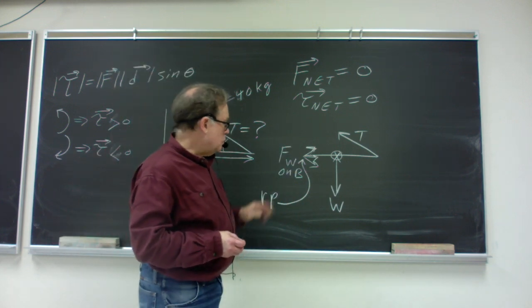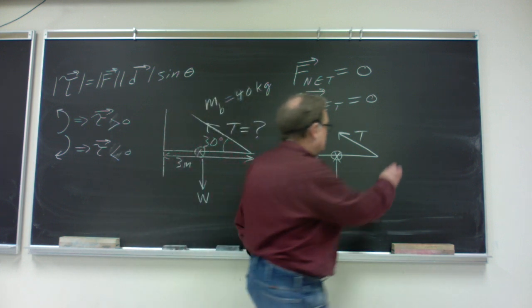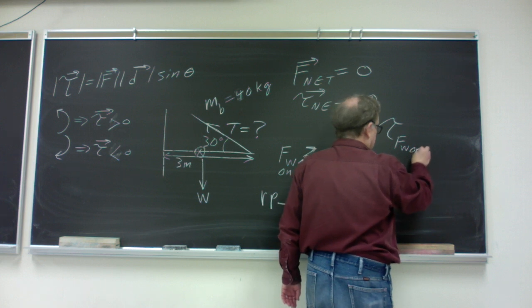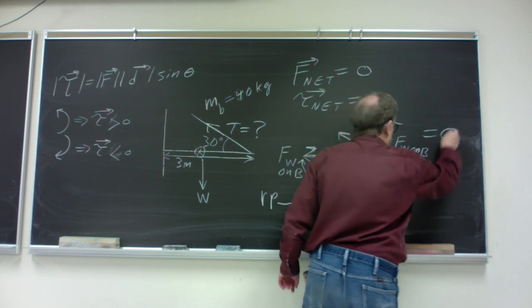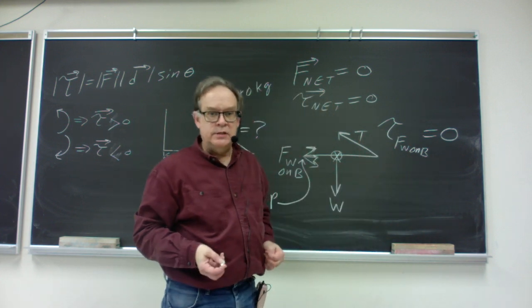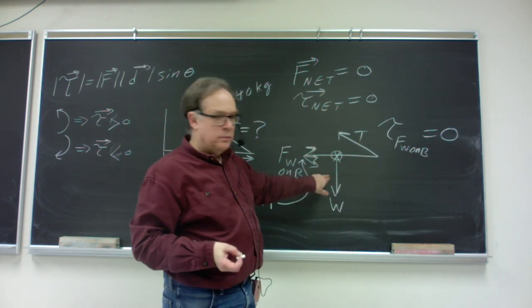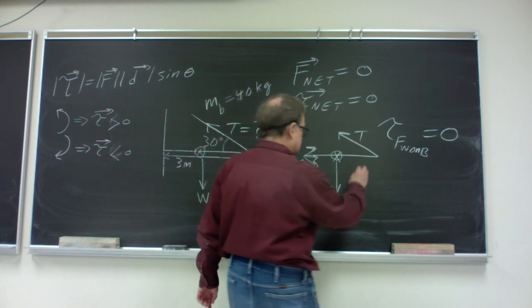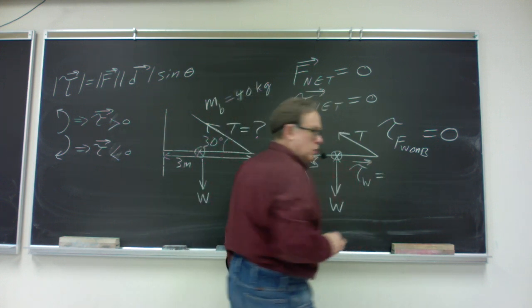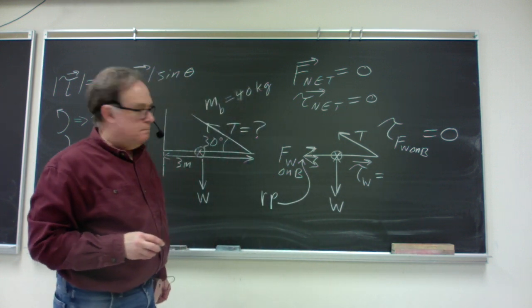So, what are the torques like? Torque from the force from the wall on the beam is, like I just said, 0. Now, torque from the weight. We're able to get a number for that one.